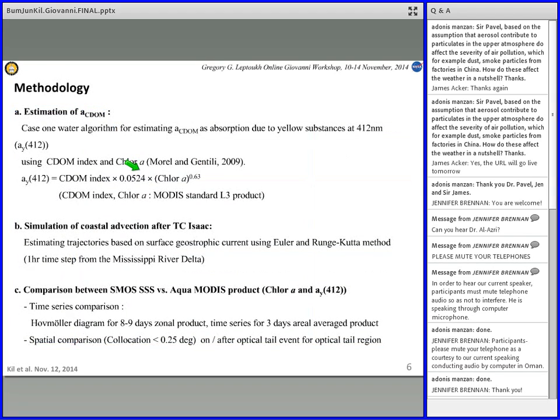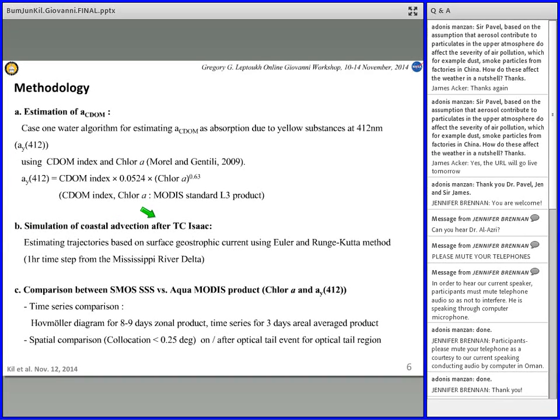To estimate the CDOM, which means the absorption due to yellow substance at 412 nanometers, we used Morel and Gentili's case 1 water algorithm, which requires a CDOM index and the chlorophyll A. Because the drifting buoys were deployed before the tropical cyclone arrived, we simulated the presumable trajectory following the passage of Isaac.